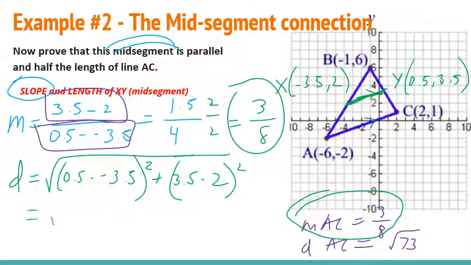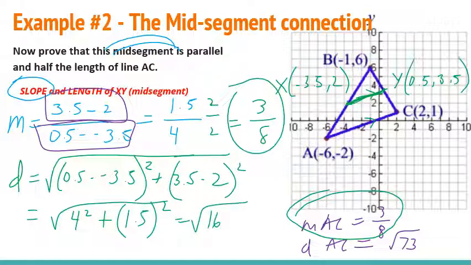And then you get 4 squared plus 1.5 squared. All right, and then using my calculator here, 4 squared is 16, 1.5 squared is 2.25. So we have the square root of 18.25.